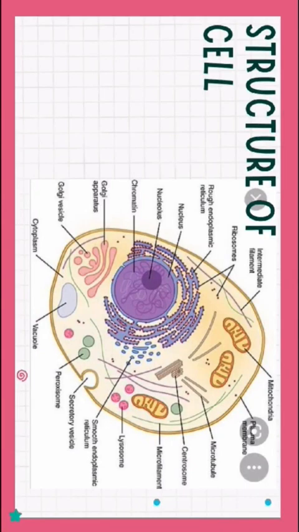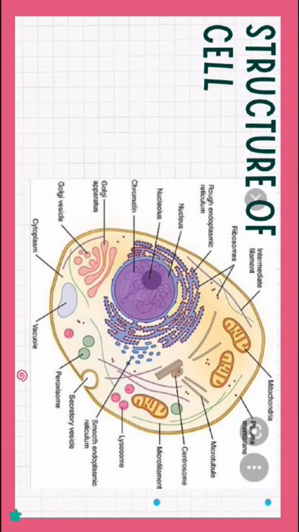Among the more important cell organelles are the nucleus, which stores genetic information, mitochondria, which produce chemical energy, and ribosomes, which assemble proteins. The plasma membrane covers the cell.